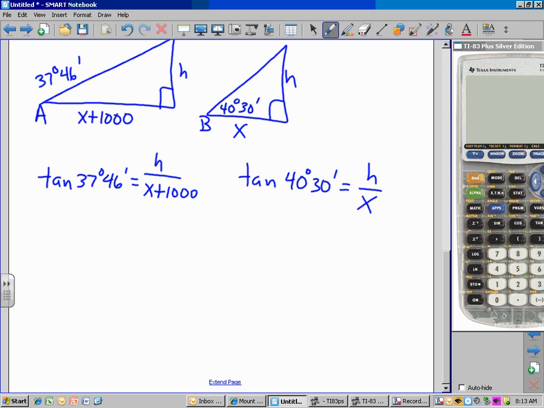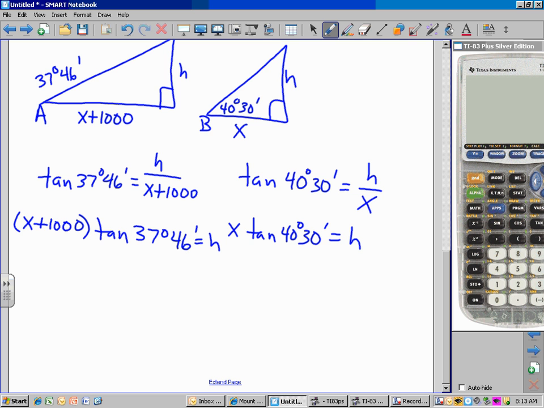This is going to be fun. x tan 40 degrees, 30 minutes equals h. Let's go ahead and put this x plus 1,000 up on the other side, get rid of the fraction. (x plus 1,000) tan 37 degrees, 46 minutes equals h. Does everybody follow what we've done so far?